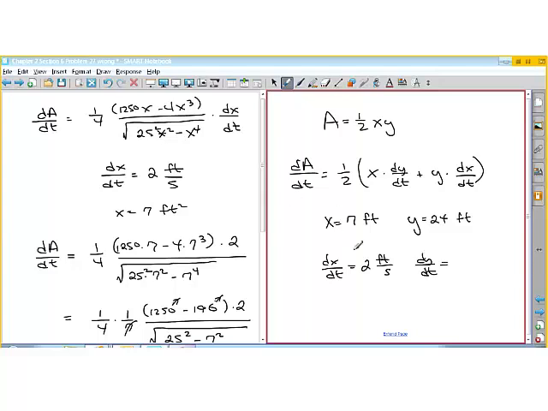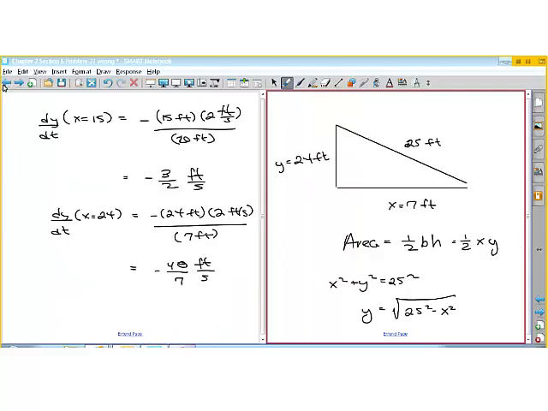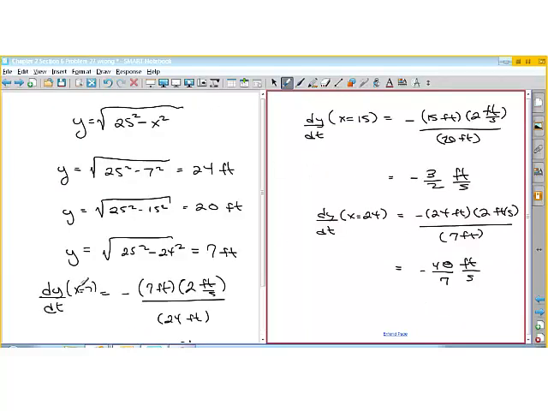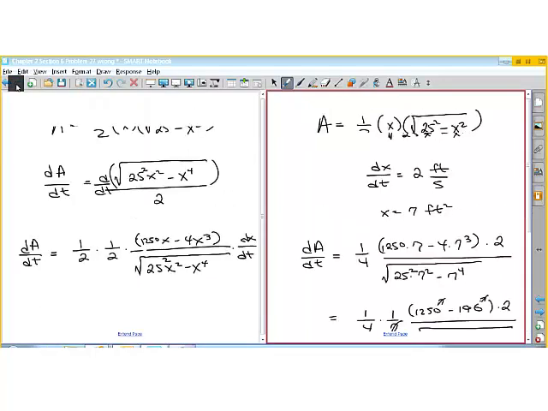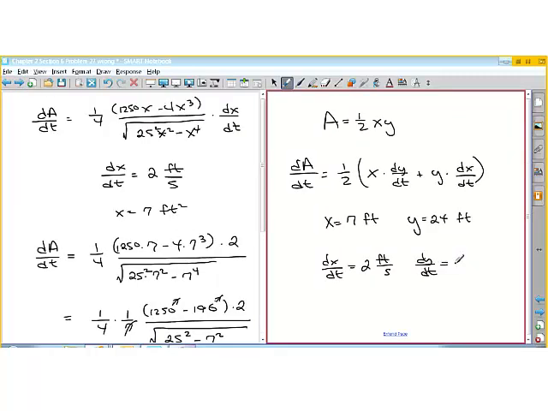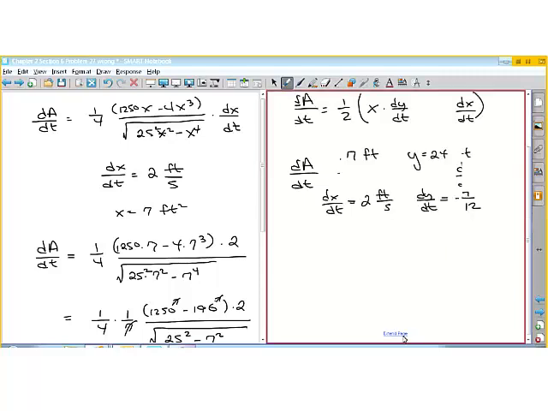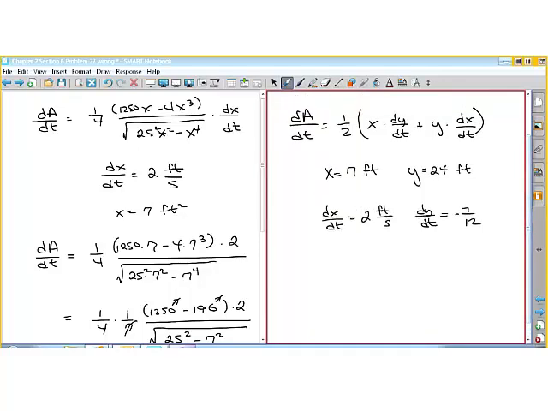And dy/dt is, well, we go back to part A. When x equals 7, dy/dt was equal to -7/12. Okay, so now we should plug it in. So you can see this one's a lot easier to do this way than the way I did it, but it's still valid.